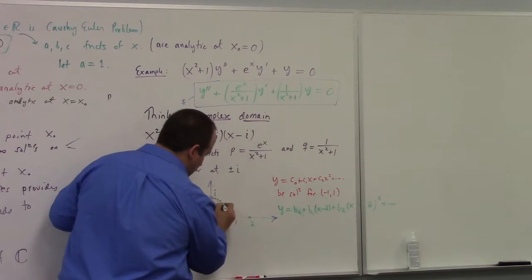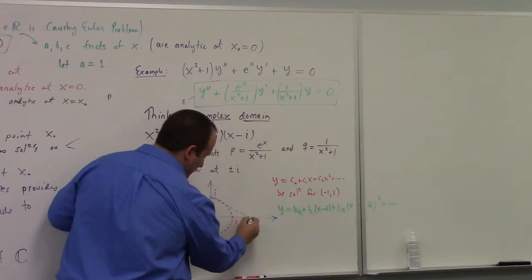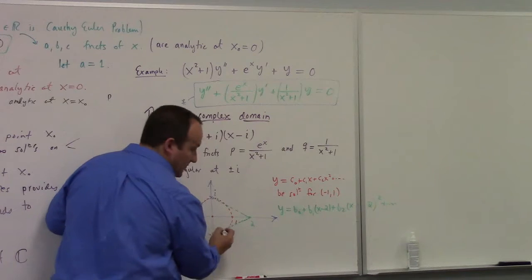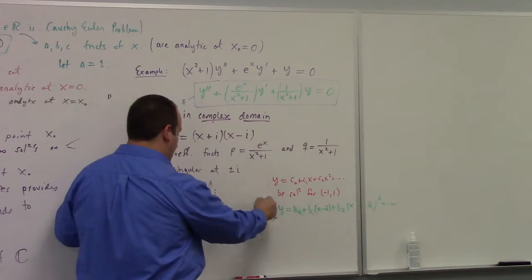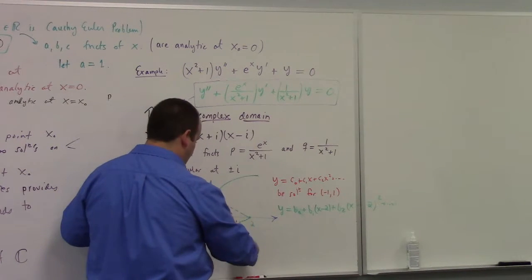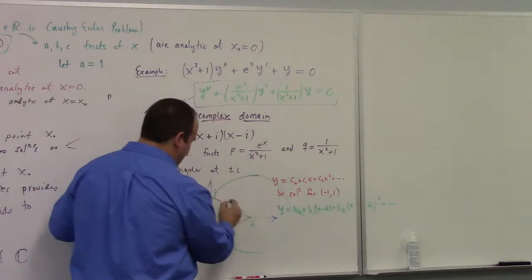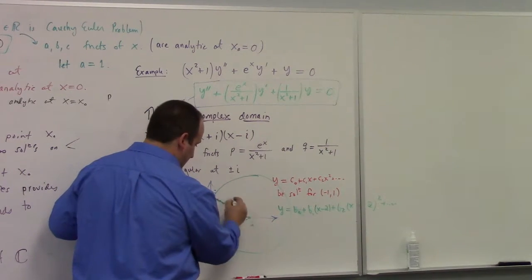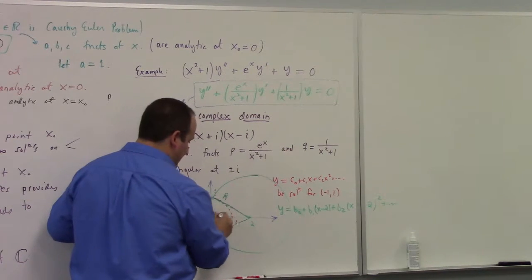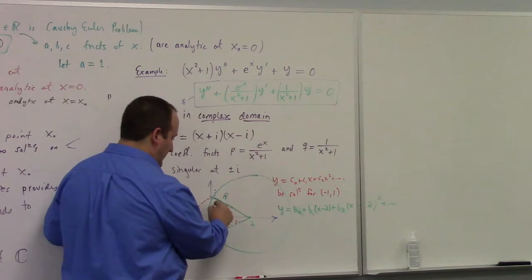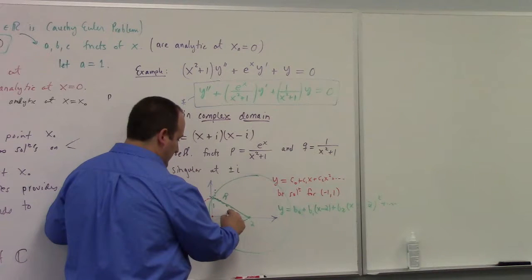So you imagine it happens to hit both of the singularities at the same time because of the shape of this. So that's a circle of radius, whatever this is. What's the radius? This is a triangle, right? 1, 2.